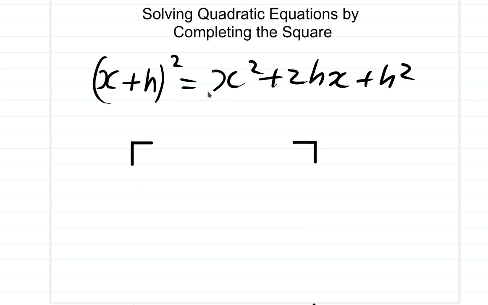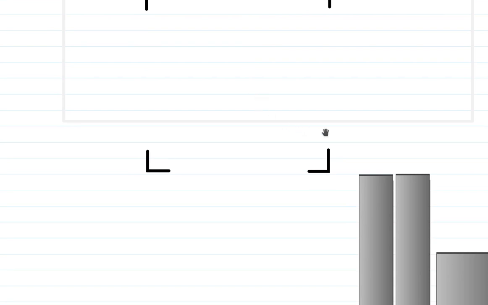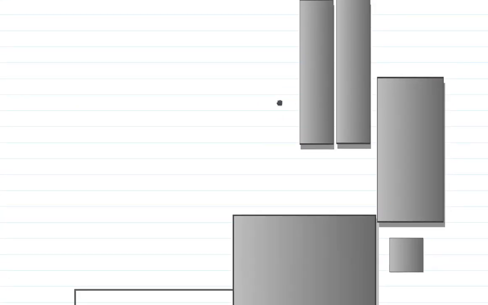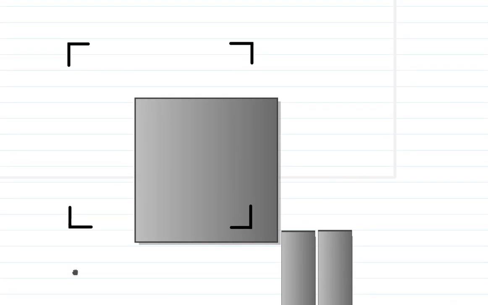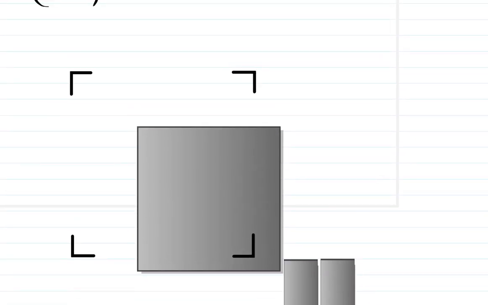X squared is the area of a square with sides x. Now we have that square down here. Let me move it up because I want to have that square filled in.